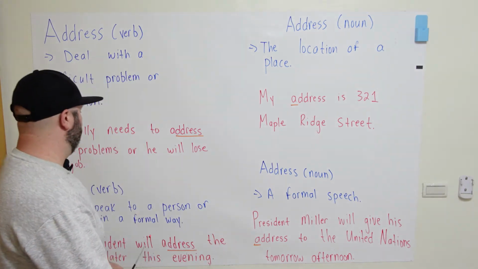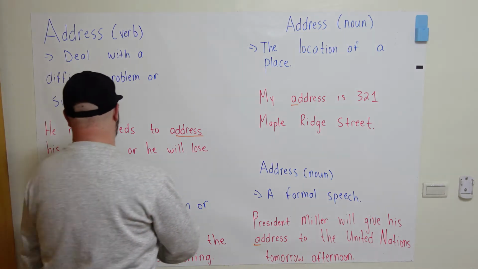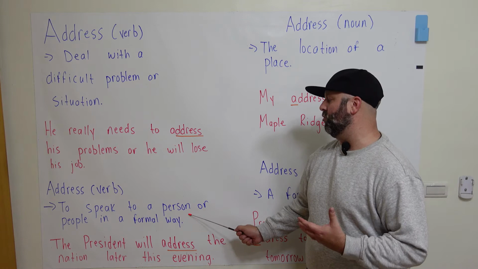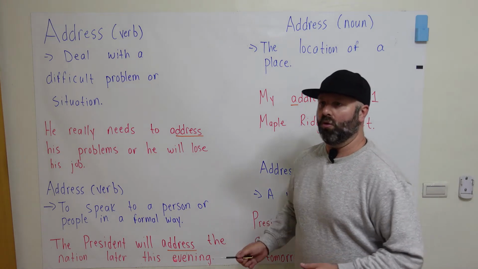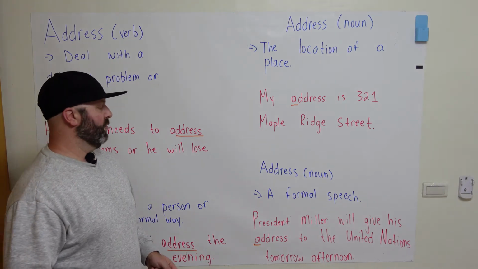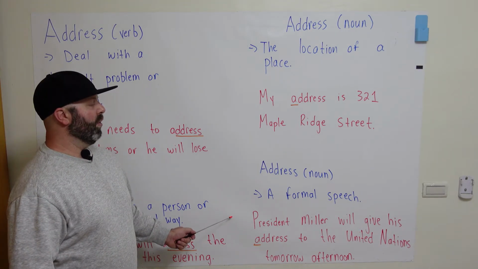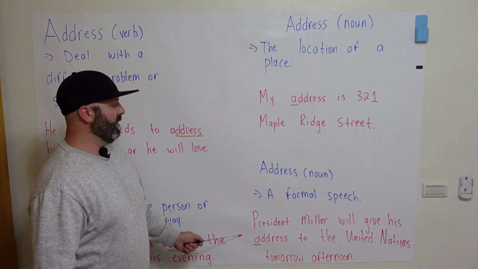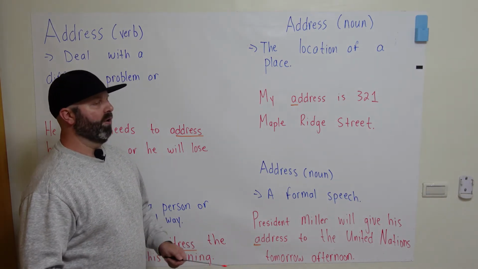So you'll notice over here that address as a verb means to speak to a person or people in a formal way. And then as a noun, it's just simply a formal speech. So we could say President Miller will give his address to the United Nations tomorrow afternoon.